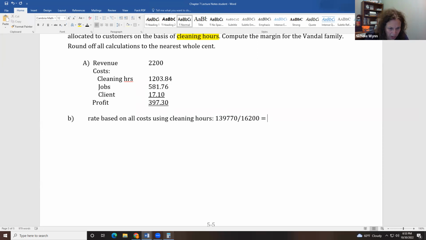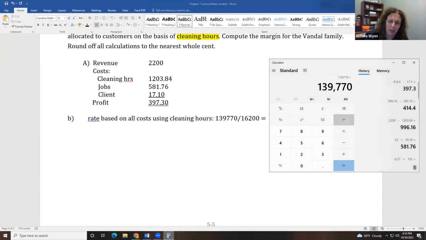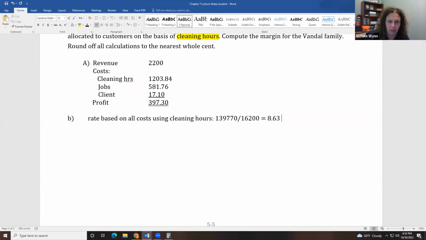So we're going to get a new rate: 139,770 divided by 16,200, $8.63 per cleaning hour. When we do our profit margin, we're still going to charge the Vandal family 2,200, but all of our costs are going to be based on cleaning hours.